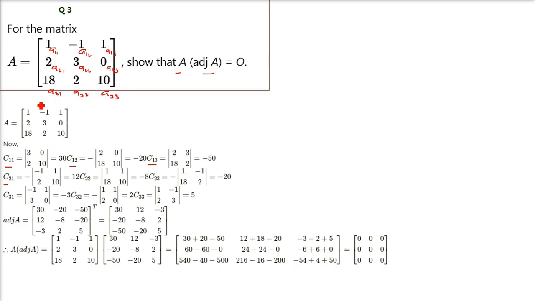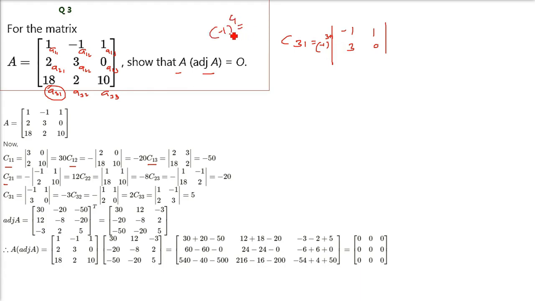So these values we are going to find out, and a few of these I am going to tell you. For example, C31. What will be C31? We have to forget the row and column where A31 intersects. Minus 1, 1, 3, 0 will come, and there will be minus 1 to the power i plus j, that is 3 plus 1.